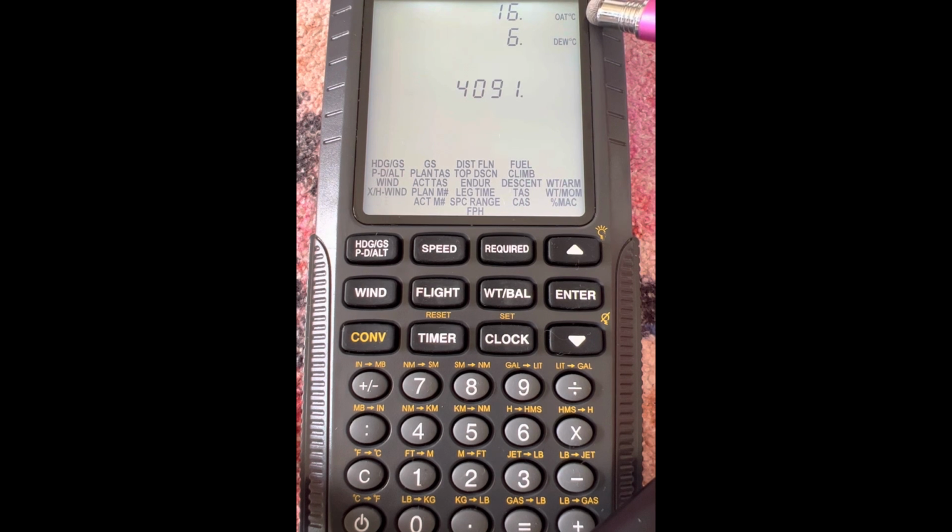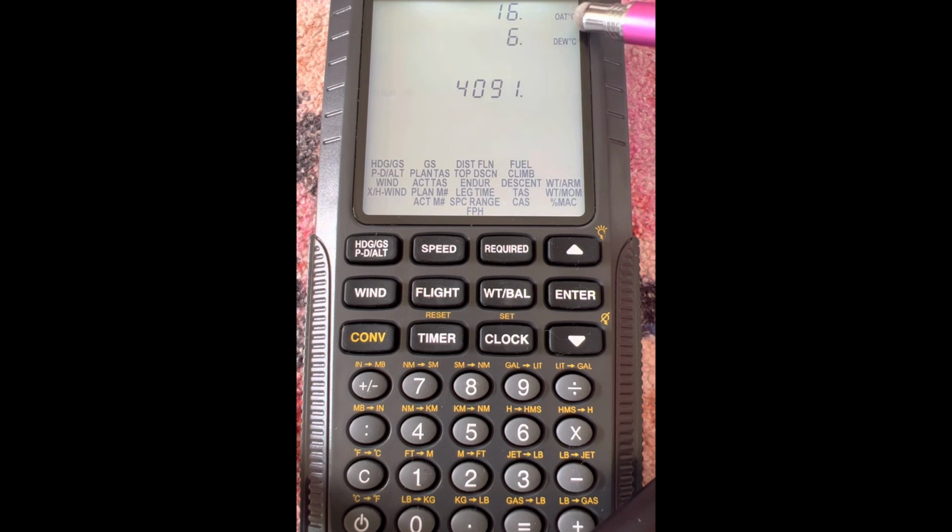On the FAA written, you've got to watch out because it might say at 1,000 feet or at 2,000 feet, the temperature is 16 degrees, and if the dew point is 6 degrees, at what altitude should you expect clouds? So now, let's say the question said at 1,000 feet, the temperature is 16 degrees and the dew point is 6. You would enter 16 and 6, and the spread is 10. So this is giving you the height above this value.